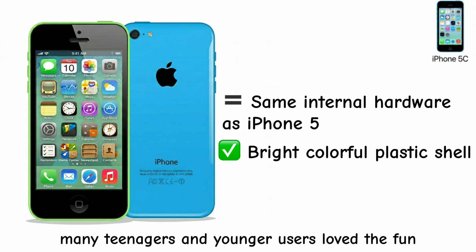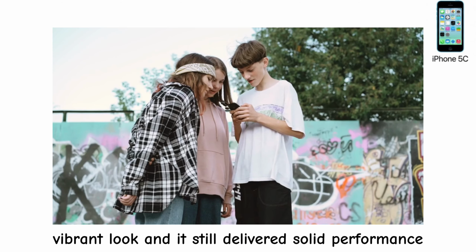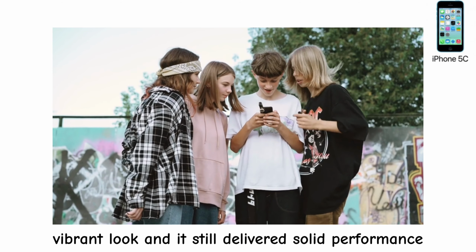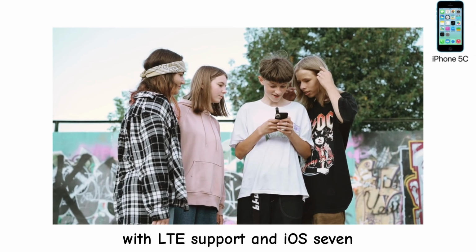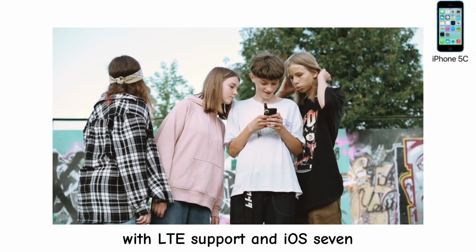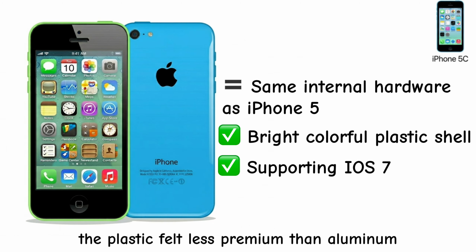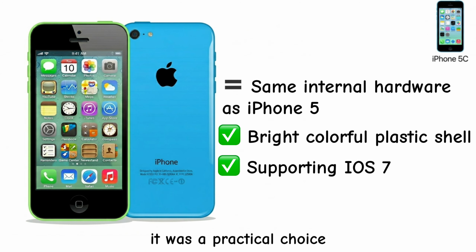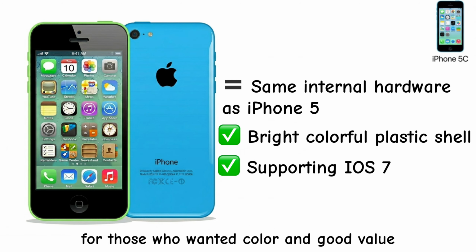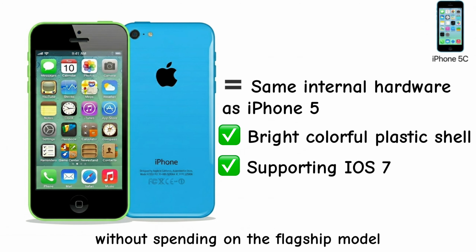Many teenagers and younger users loved the fun, vibrant look, and it still delivered solid performance with LTE support and iOS 7. While some people said the plastic felt less premium than aluminum, it was a practical choice for those who wanted color and good value without spending on the flagship model.